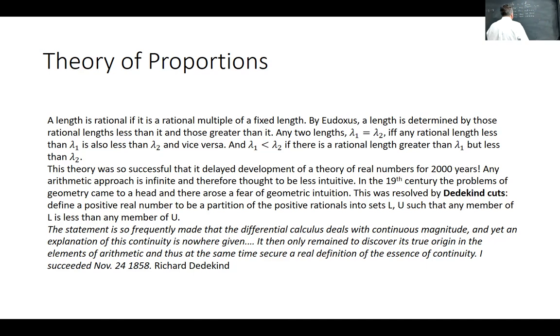So for example, you can define the cut for the square root of 2 to be the set of positive rational numbers r such that r squared is less than 2. So this gives you all the rational numbers that are less than the square root of 2.